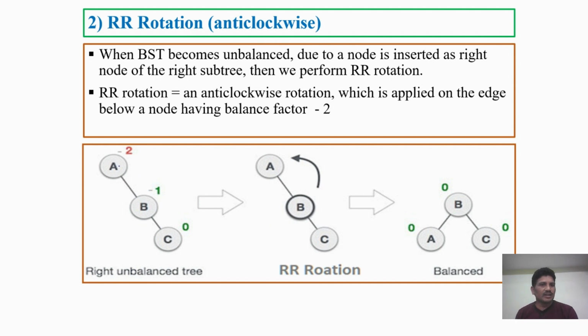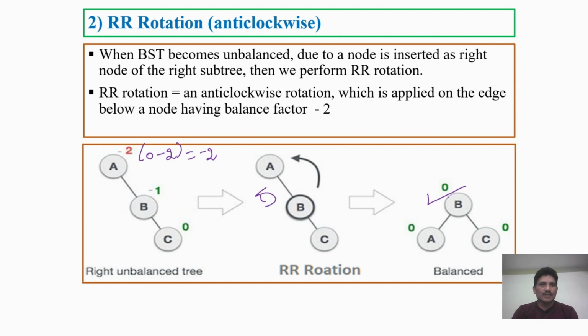The example is also given because the balance factor is 0 minus 2. Then what is minus 2? Okay, this is minus 1. It is not an AVL tree. To make it an AVL tree, we should perform the RR rotation. Then we can rotate to the left. Now it becomes balanced.